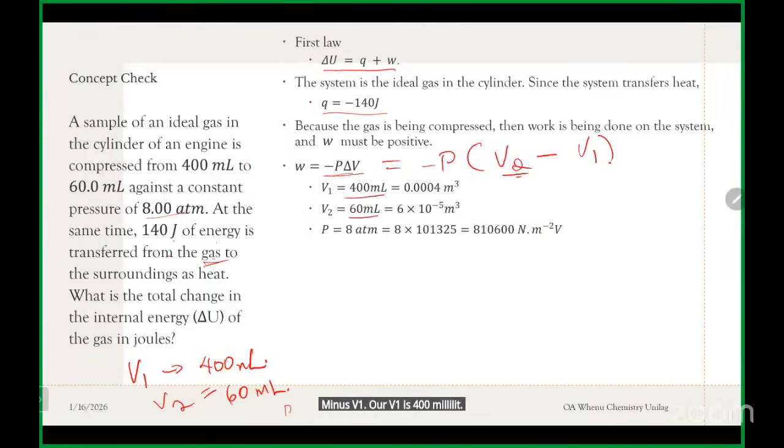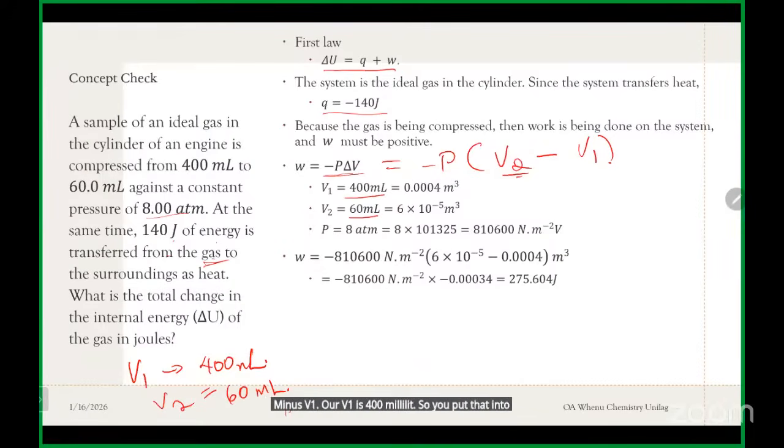So if you put that into the expression, minus this into 6 times 10 to the minus 5 minus that. Please pay attention to this example. Your work ends up being positive because this will be negative. We have defined work as negative.